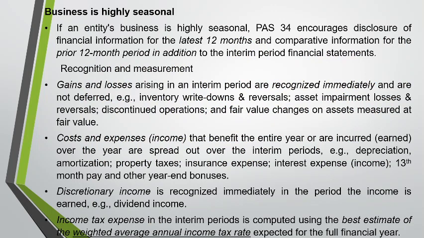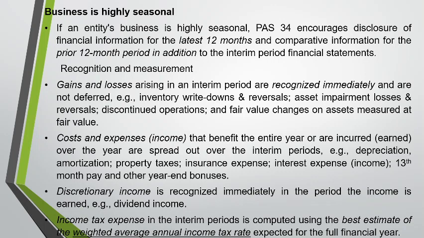If an entity's business is highly seasonal, PAS 34 encourages disclosure of financial information for the latest 12 months and comparative information for the prior 12-month period, in addition to the interim period financial statements.